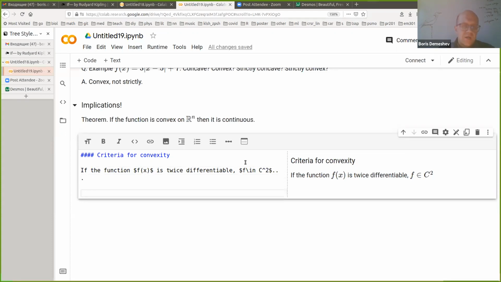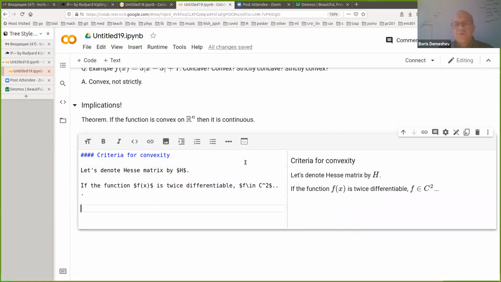Then you are right. Let's denote the Hesse matrix by H. If H is negative semi-definite, that means, if and only if, the function f is of which type?